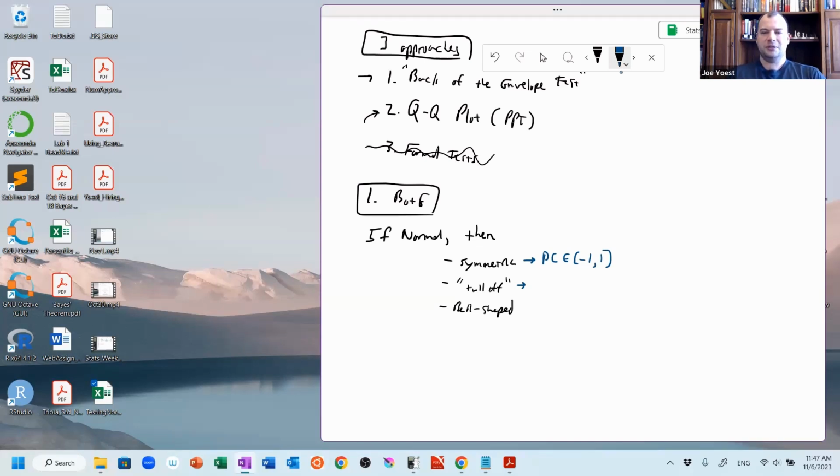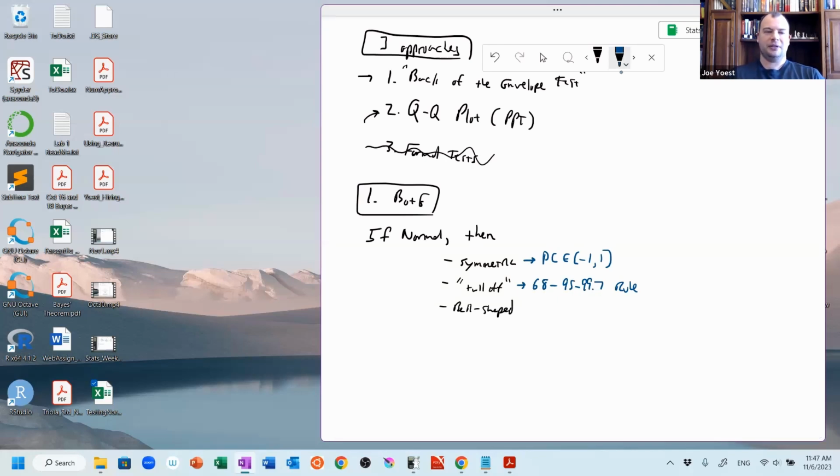So in other words, what percentage of my data points fall within one, two or three standard deviations? I expect it to follow the 68, 95, 99.7 rule. I expect rough concordance with that rule.